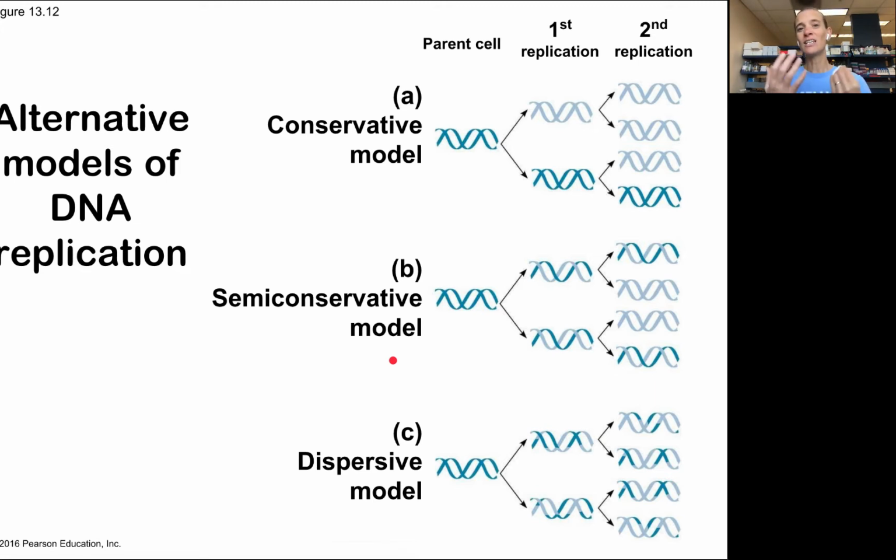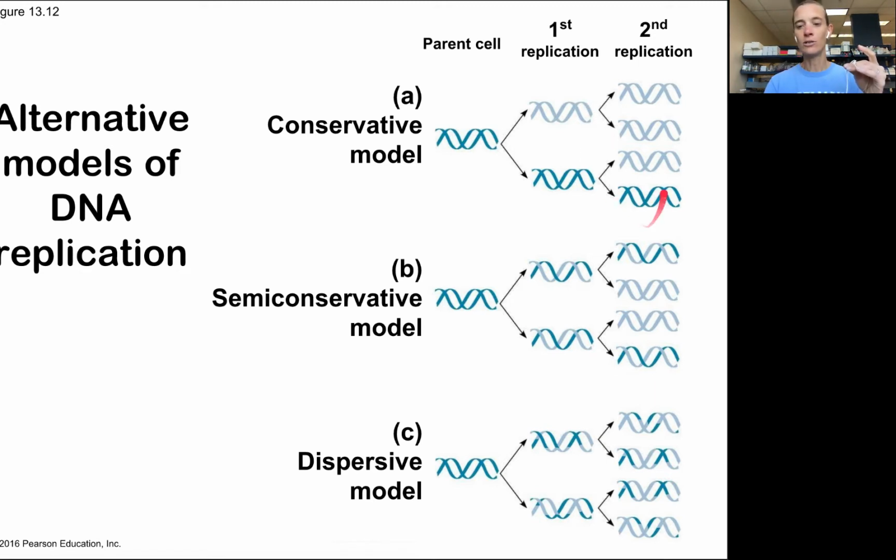The first thing that scientists wanted to figure out is in what way. Is it a conservative model, where you have a photocopying machine? You start with your double-stranded DNA, and then somehow there's a photocopying machine. You maintain the original DNA that you initially had and make an identical copy of it. And that's what you have after the first replication.